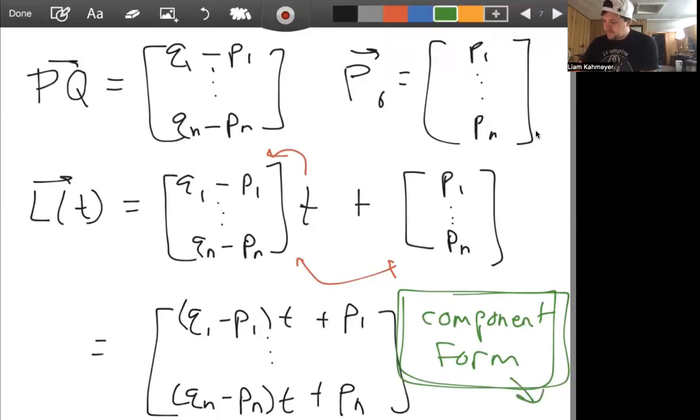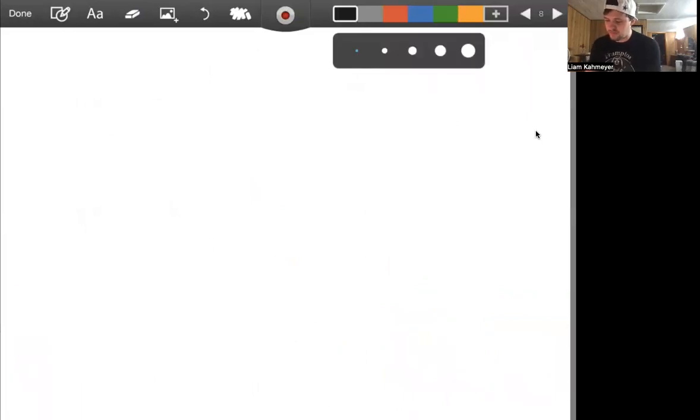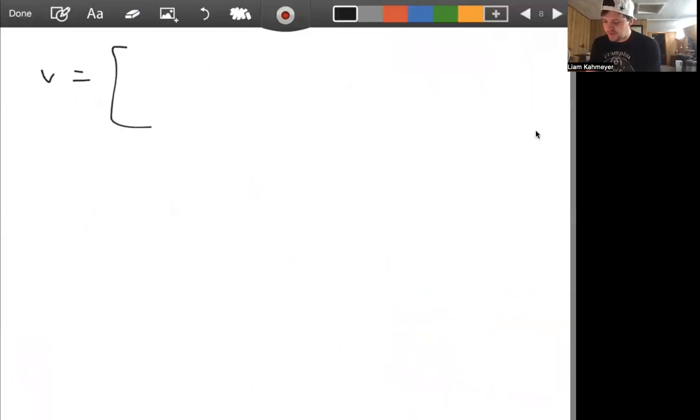More commonly, and so maybe let me say here, this is like pre-component form or pseudo component form, because normally how we see component form is if you have a vector v, it's given by x1 through xn, right? And so the first component is describing the behavior of the vector in the first variable, right?